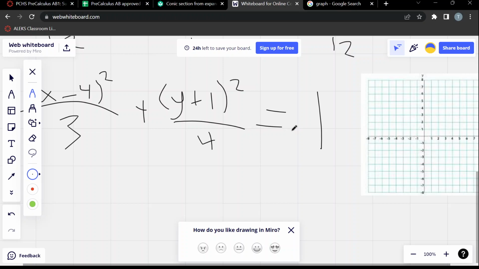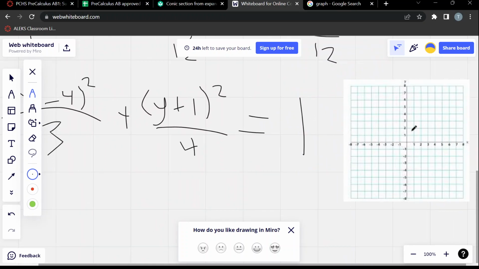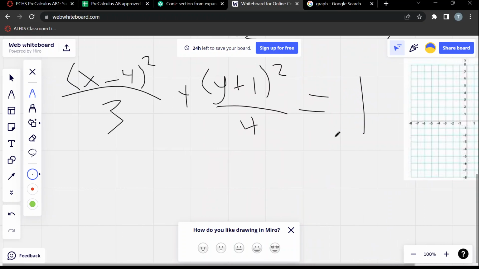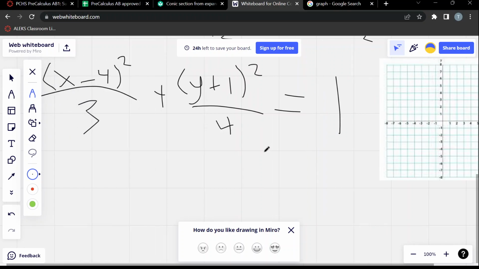Negative 1 plus or minus 2 is 1 or negative 3. This is useful to know the vertices of the ellipse, but we don't actually need to do the math behind it. We can look at the graph and use the numbers to help graph the equation, which will be easier.